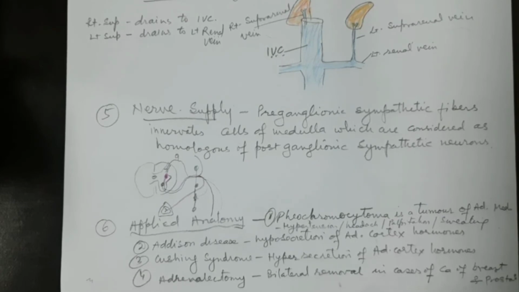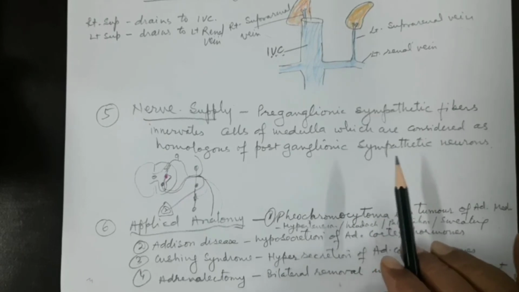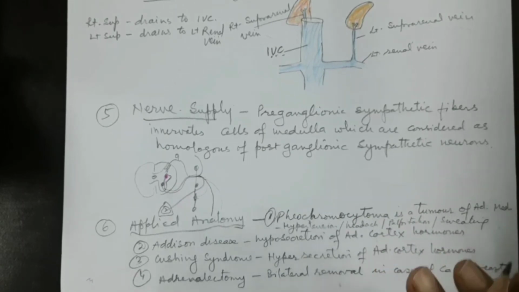So nervous stimulation will not release the corticosteroid hormones, the mineralocorticoid or glucocorticoid hormones, or the sex hormones from the zona reticularis, but this secretion is under the anterior pituitary.